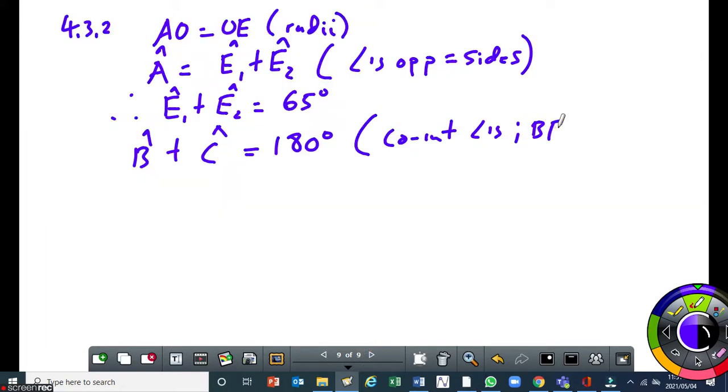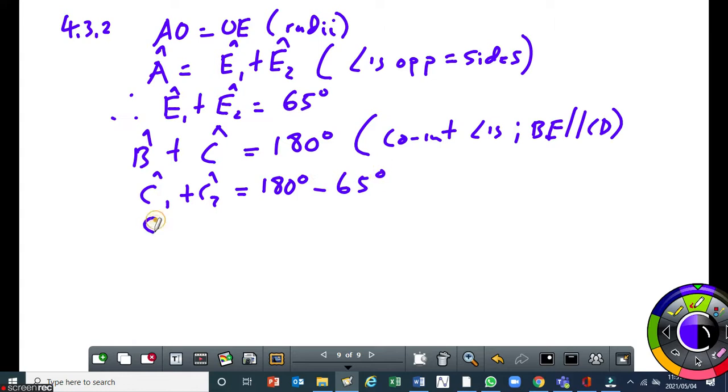So BE is parallel to CD. Okay? Now be aware that this C here is equal to C1 plus C2. So I can split it up and write that C1 plus C2 is equal to 180 minus 65 degrees. And that will give me C1 plus C2 is equal to 115 degrees.